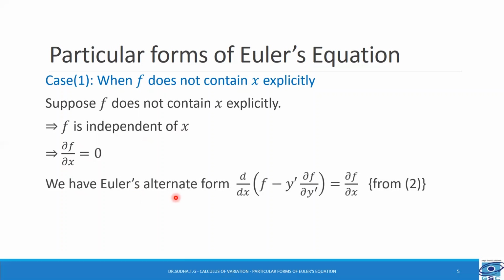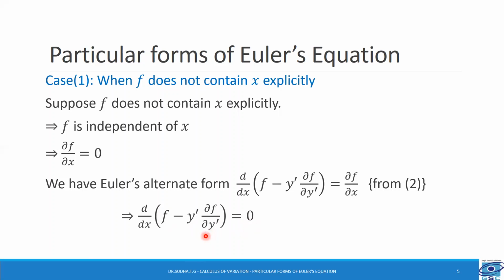So we have the second alternate form, d/dx of f minus y dash into ∂f/∂y dash is equal to ∂f/∂x. But ∂f/∂x is equal to 0, so the right hand side becomes 0. So we get d/dx of f minus y dash into ∂f/∂y dash equal to 0. Derivative of this function is equal to 0.